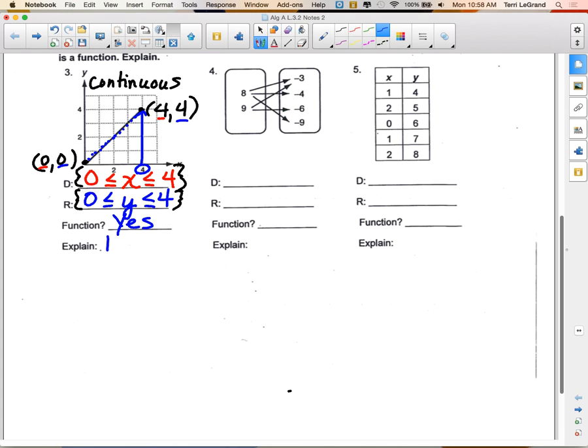And we would say each x value has exactly 1 y value. There's not another one on that graph for any of those x values. Each x value has exactly 1 y value, or only 1 y value, you could say.